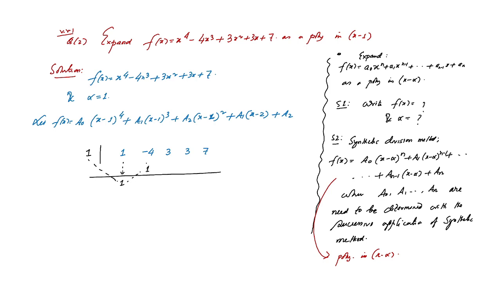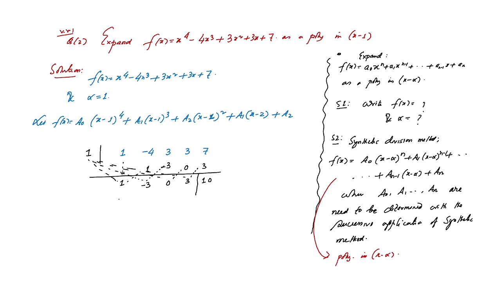So 1 plus minus 4, this is minus 3. That method is called the synthetic method. 1 into minus 3, this is minus 3. So 3 plus minus 3 is 0. Then 1 into 0 is 0. So this is 3. And 1 into 3 is 3. So 7 plus 3, this is 10.